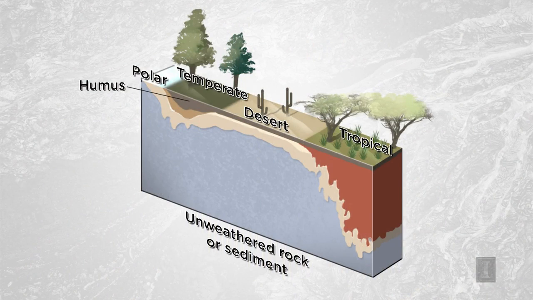Now, the nature of soil horizons varies with location. For example, we get very different soils depending on climate. We tend to get fairly thin soils up in polar regions because there's not very much rainfall, of course. There's snow, which doesn't percolate downward, and also there's hardly any organic matter. In temperate climates, we get soils that go down a certain distance, and we often have a well-developed organic layer on top.